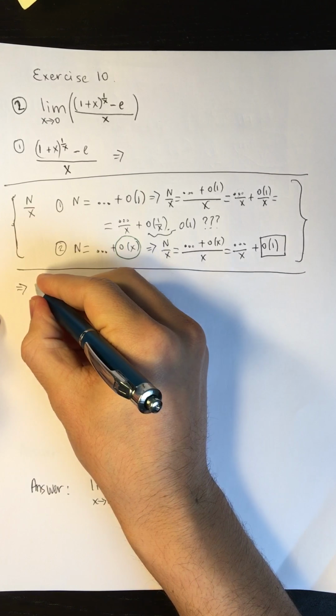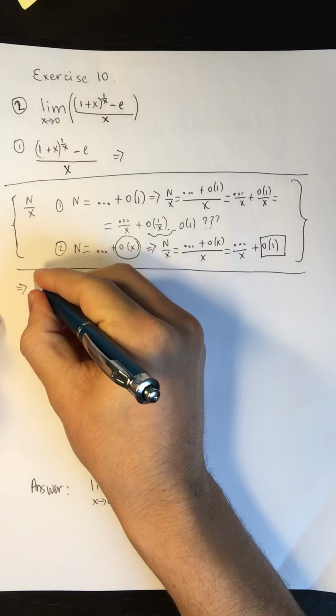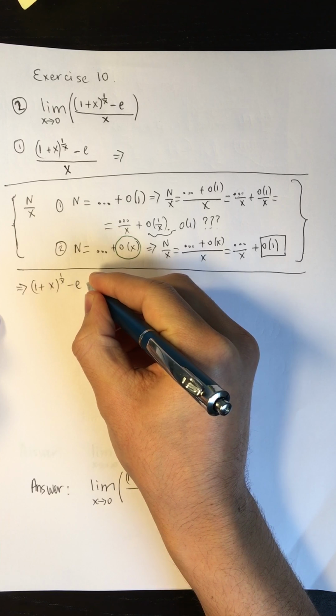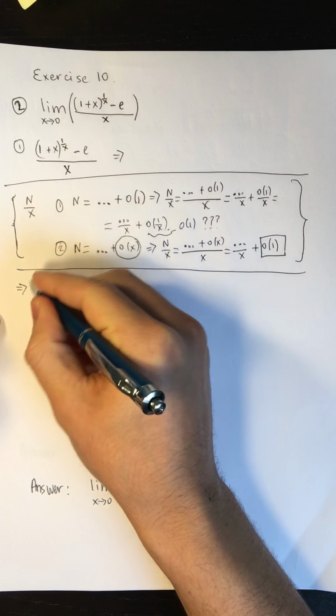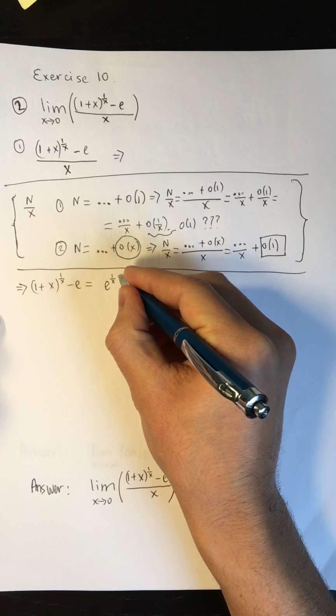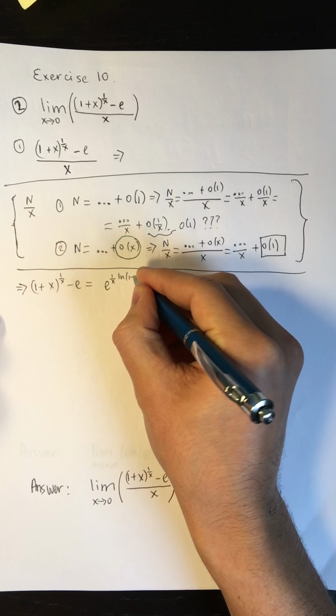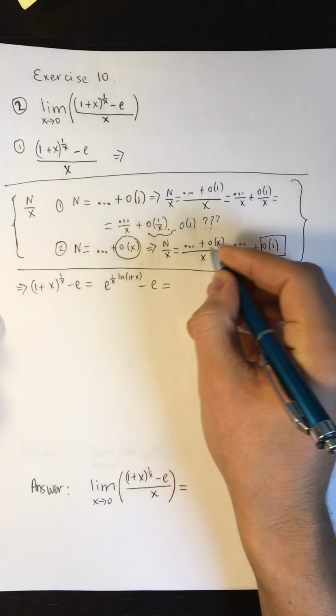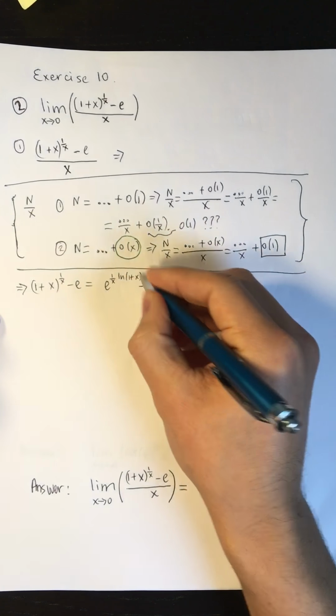Okay, now I just take the numerator first. (1 plus x) to the 1 over x minus e. So first I try to calculate this one, so it's equal to e to the 1 over x ln(1 plus x) minus e. Okay, I need o(x) in here.